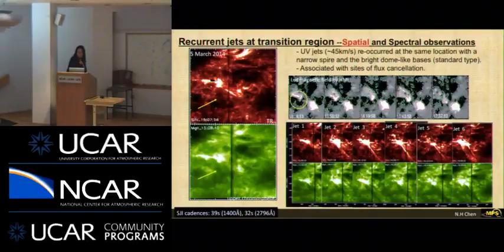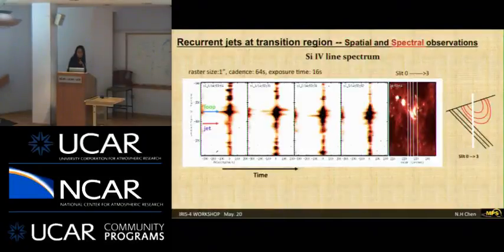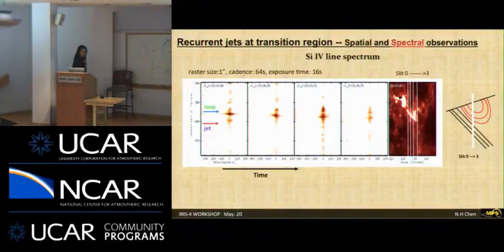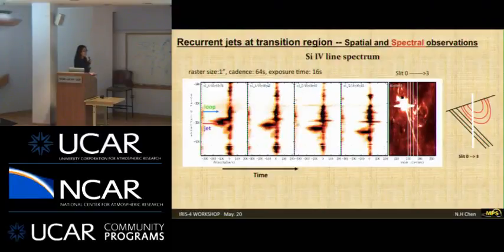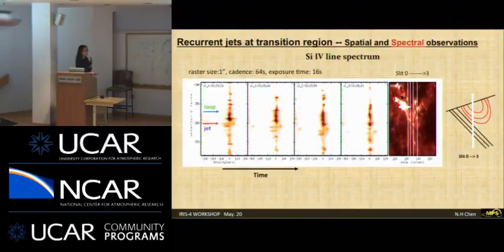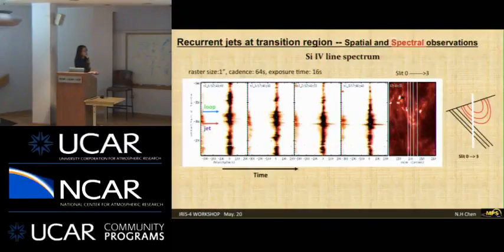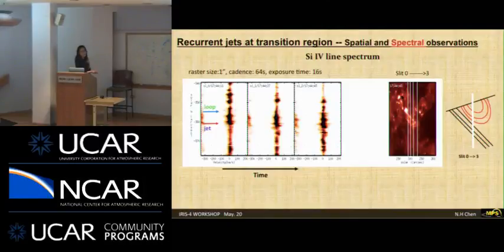And we go on to the other thing that I've shown a lot in previous presentations, which basically tells you how the raster scan goes. On the right-hand side, they show you the loops and part of the ejection, the elongation of the jet, and the slit doesn't cross the full footpoint of the jet.